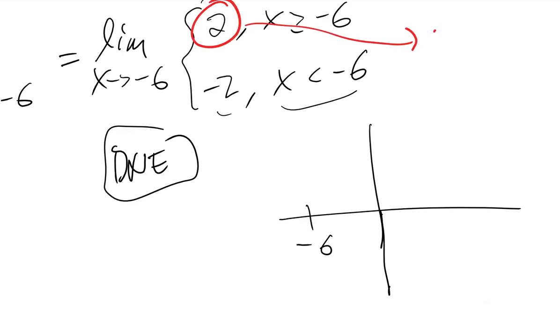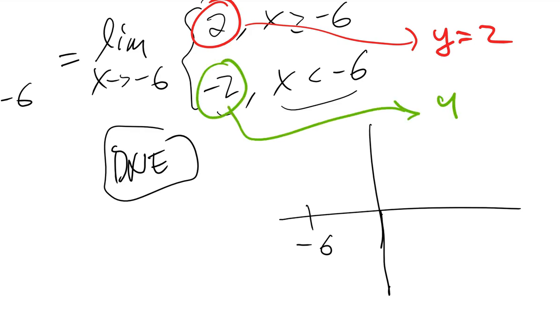This is y equals 2, and then this one here, this is y equals negative 2. Y equals positive 2 is a horizontal line at 2. Okay, oops, it's only this here.